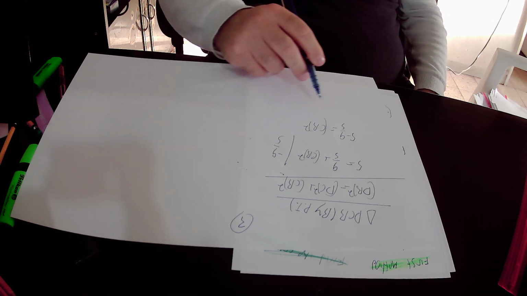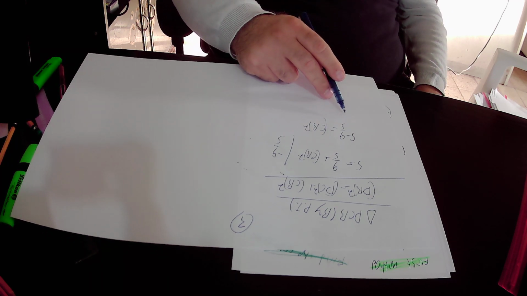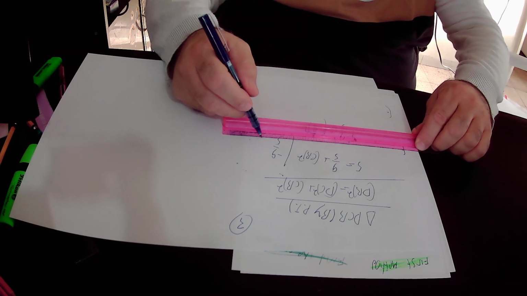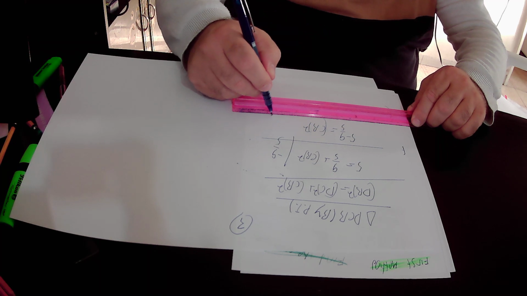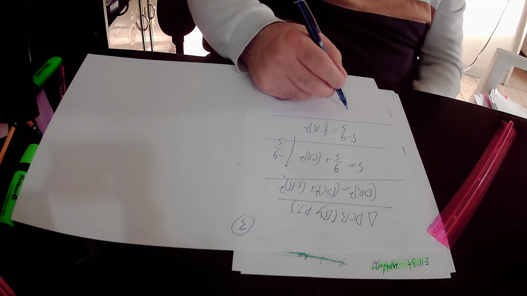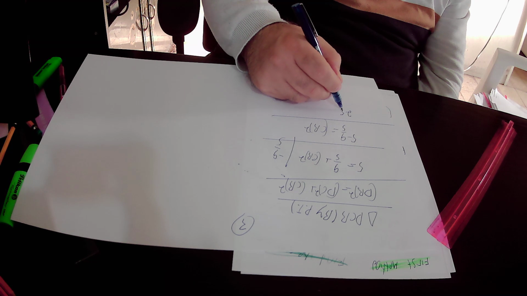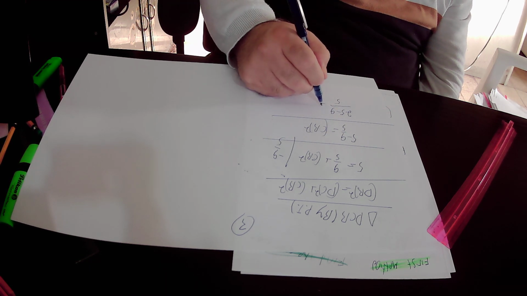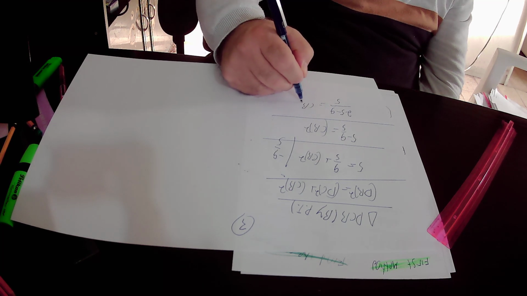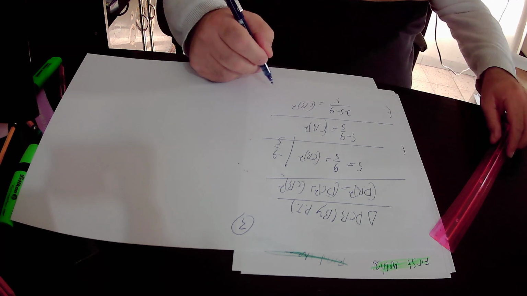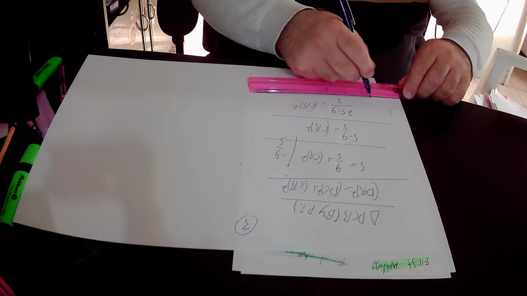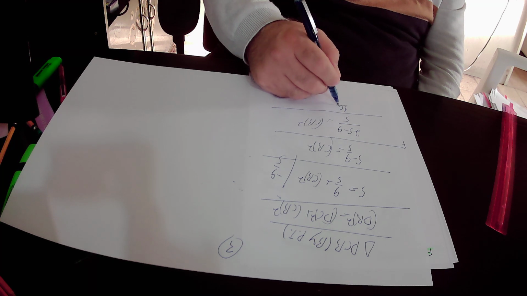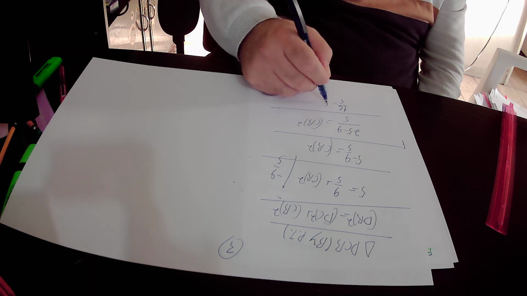So here we will multiply 5 by 5 and then divide it by 5 in order to have a common factor with this expression. And we will get that 5 times 5 is 25, so we have here 25 minus 9 over 5 equals CB squared. 25 minus 9 is 16, so 16 over 5 equals CB squared.